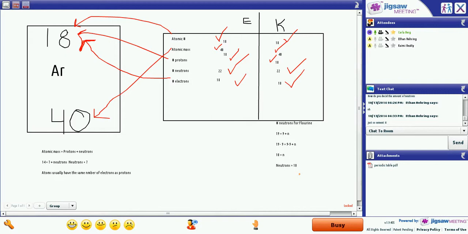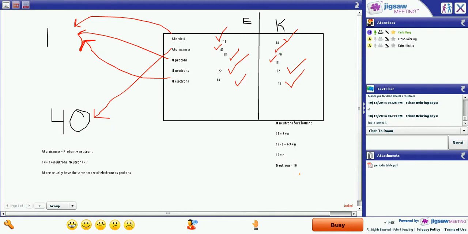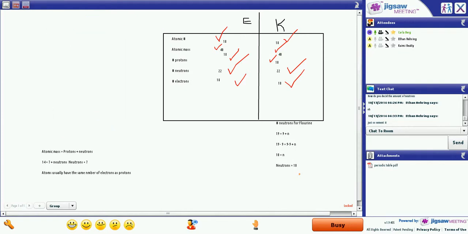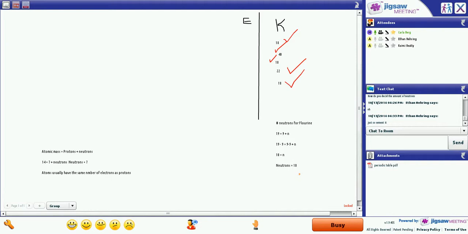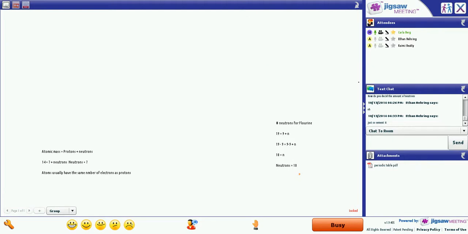Let me go ahead and pull one more element up here. This time we'll do the element lithium. All right, and this time I'm going to do it a little bit different.